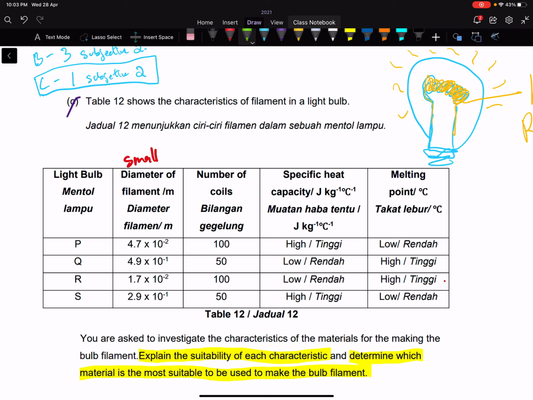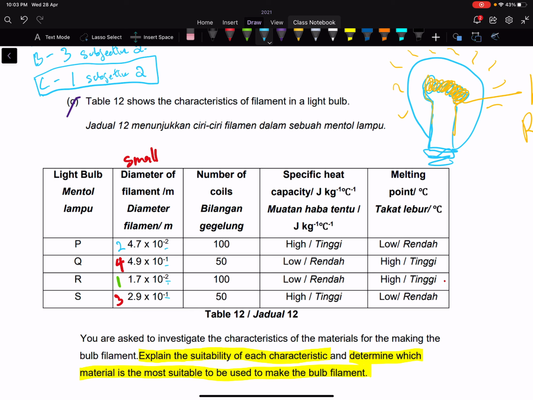See, the smallest one would be this one. Let's give it number 1. The second smallest one would be this one, P. Let's give it number 2. And the third would be S, 3, and 4. So obviously Q and S is too big, right?